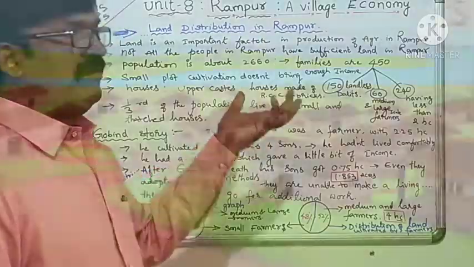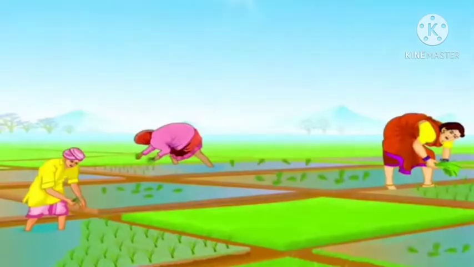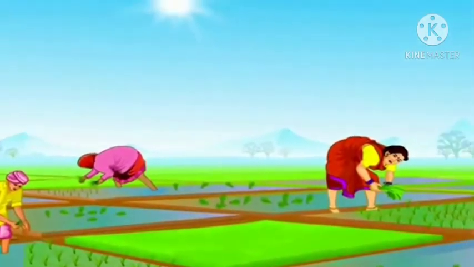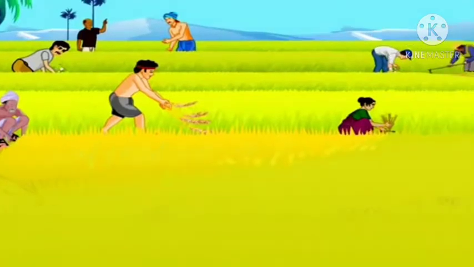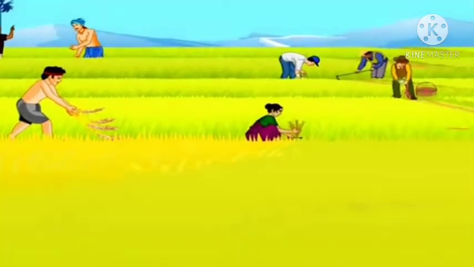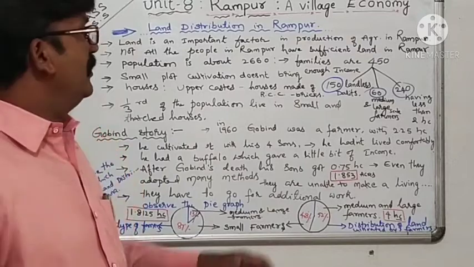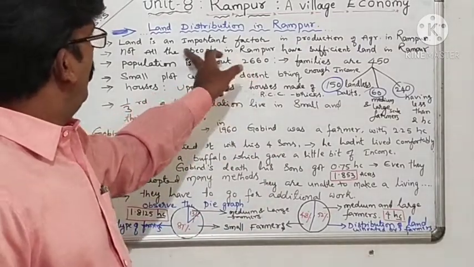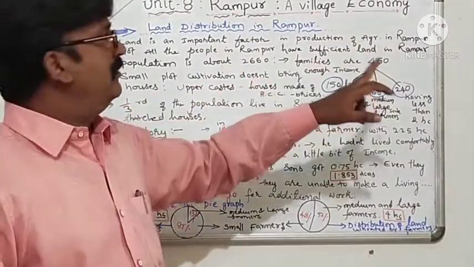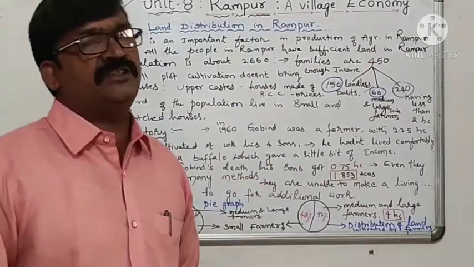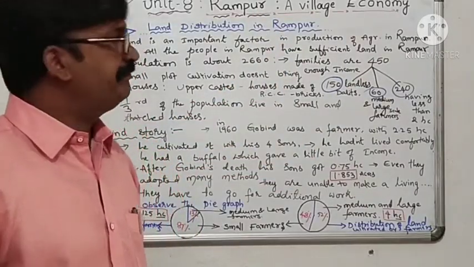That means land is in a lesser way and the population is high. Population is high and land is low. So here its population is about 2,660, but all the people in Rampur do not have sufficient land to cultivate.